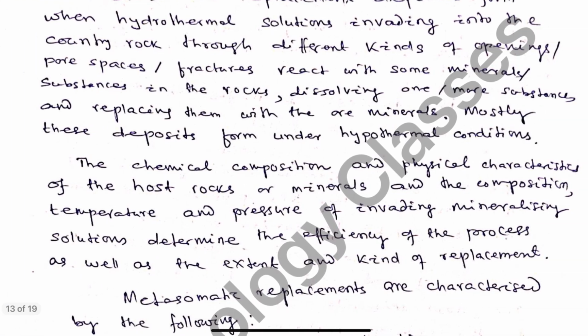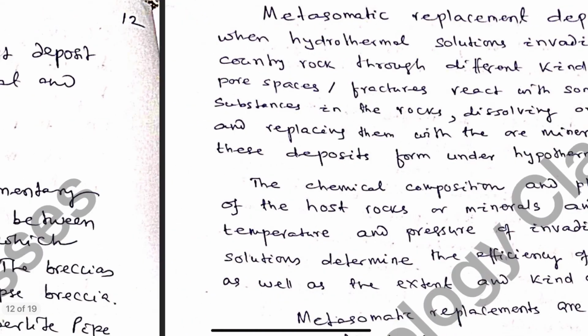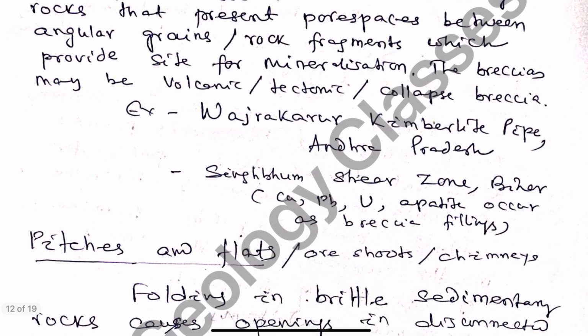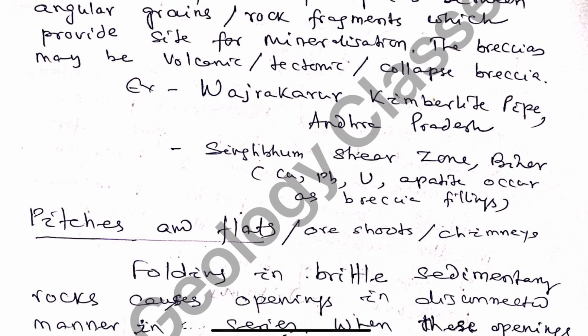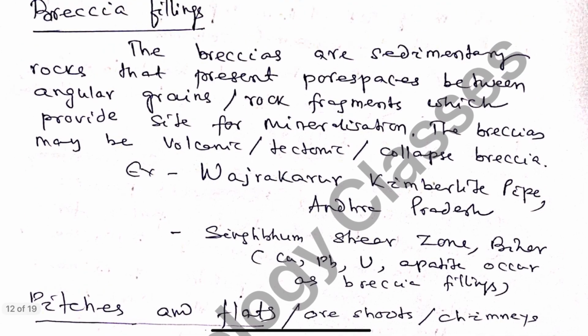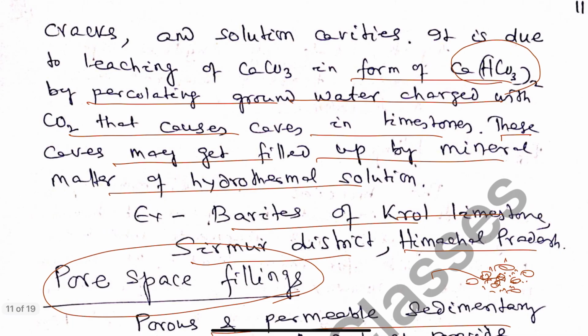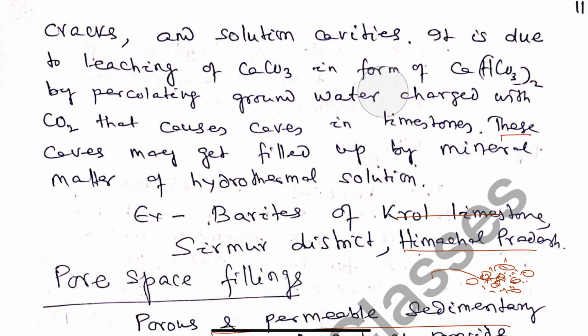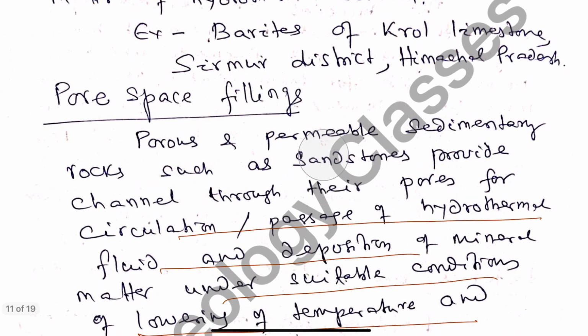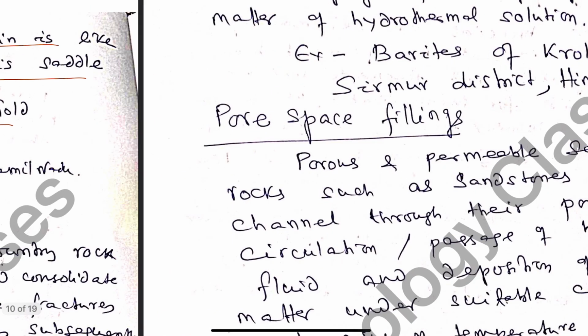And the cavity filling types are based upon the type of cavity which is filled up by mineral matter from the hydrothermal fluid. Depending on the shape and size of the cavities, the different types of cavity filling deposits are described.